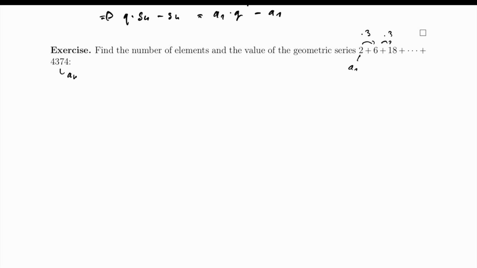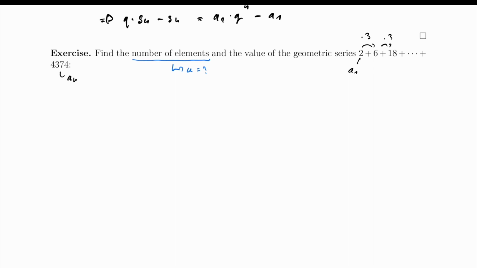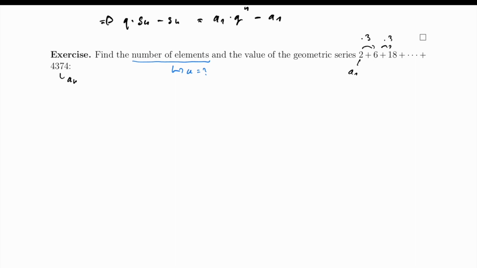And then again find the number of elements, that requires us to determine n again, and here I'll leave you to solve that, or we solve that together in class. Here what I'll just mention is that if you go for the n, you have an is 4,374, and that is equal to a1, which is 2, times q, which is 3, to the power of n minus 1.